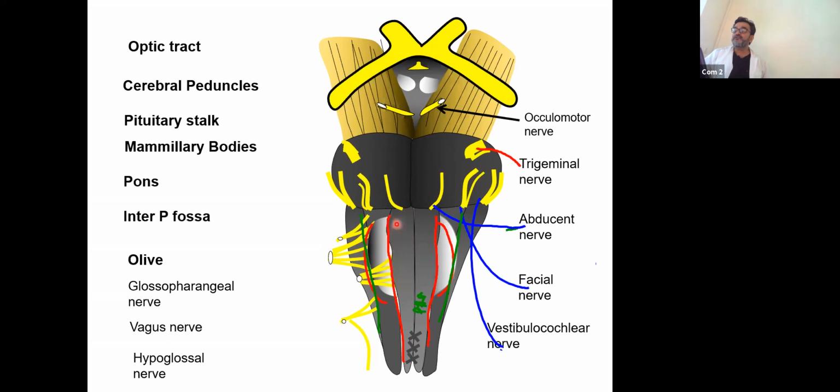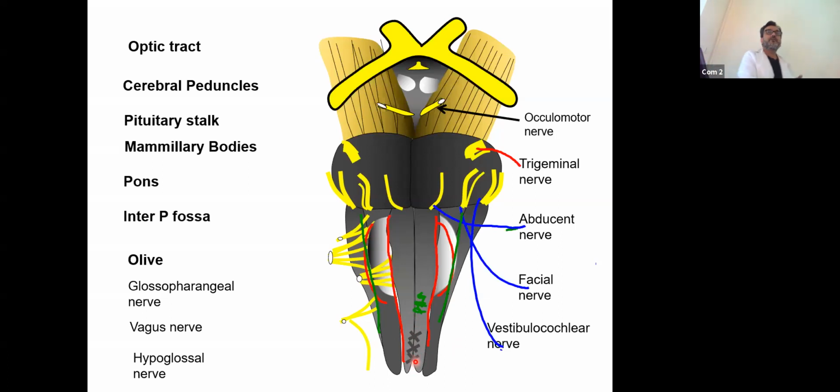Then you see these two elevations. Can you make out these elevations? These two elevations which you see just on the side of the median fissure, because this is the front part, are called the pyramids. And they are formed by the pyramidal tract. And in the lower part of the medulla, the fibers are crossing, so they are forming the motor decussation.